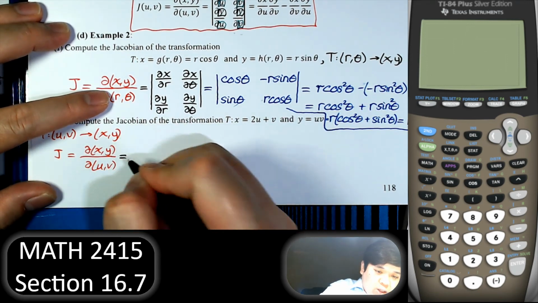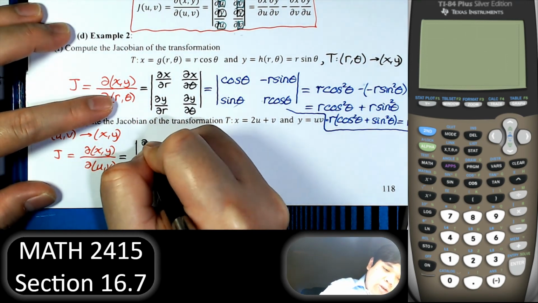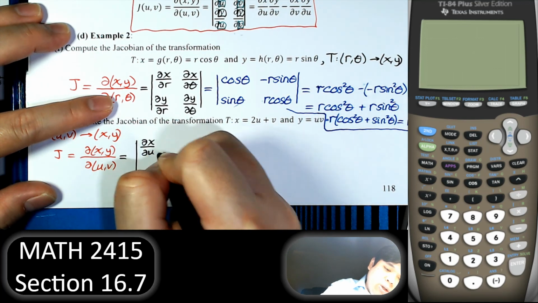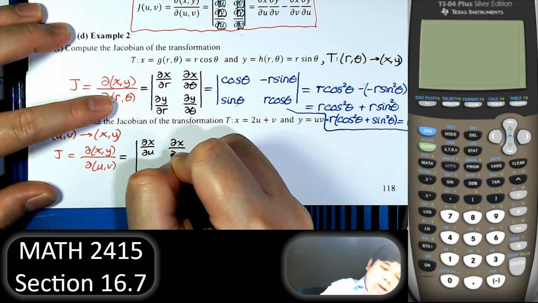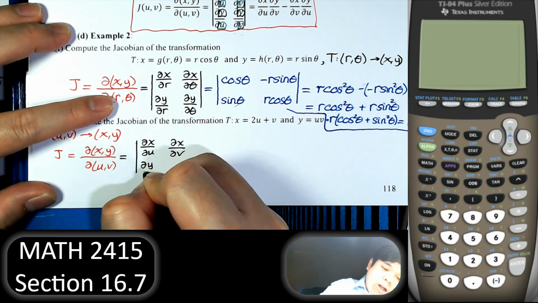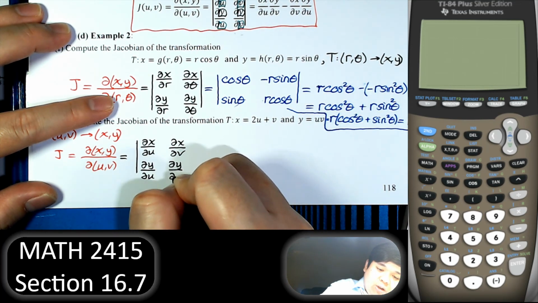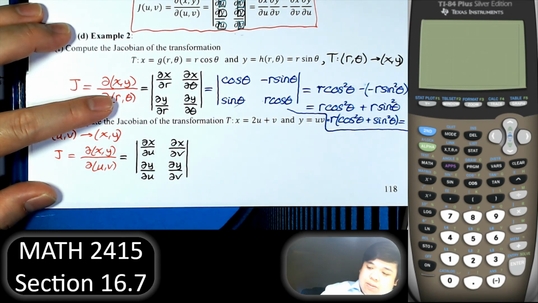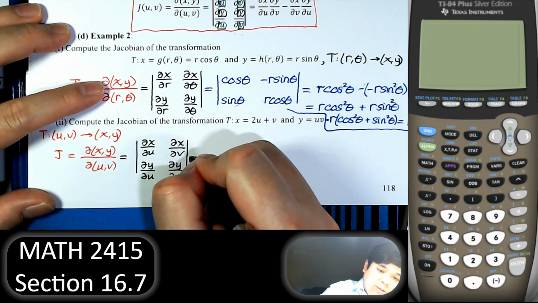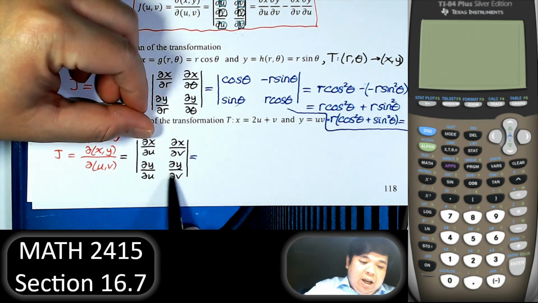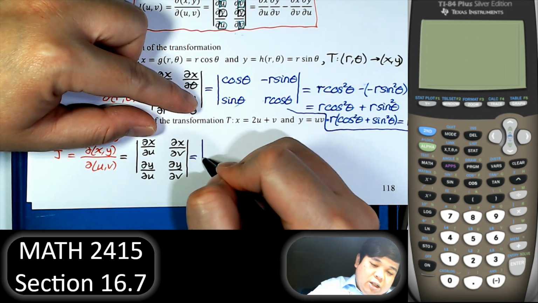We'll spell it out. Derivative of x with respect to u, derivative of x with respect to v, derivative of y with respect to u, derivative of y with respect to v. Now let's put the values.